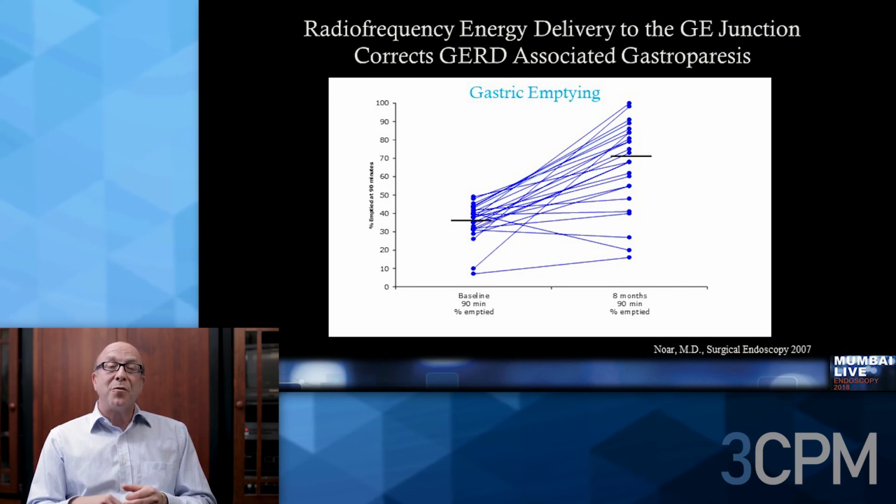A significant improvement in that emptying now at 8 months after the correction of the reflux. So not only do we know that we're improving the contractility, but we also know that by improving the contractility, by fixing the reflux, we also cause that normalization in gastric emptying.